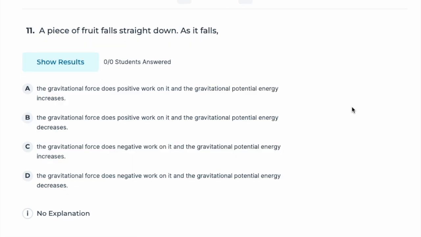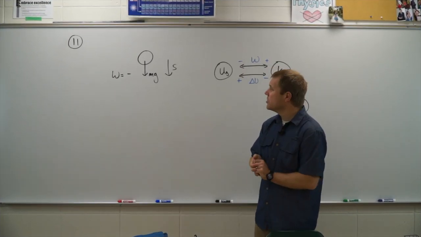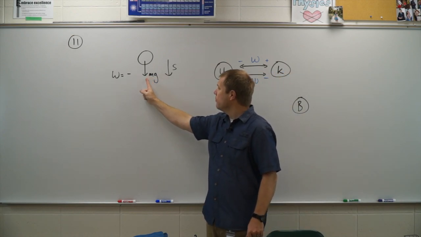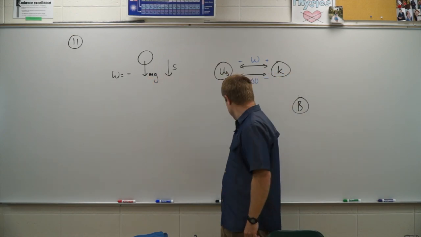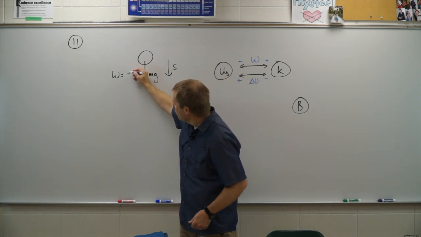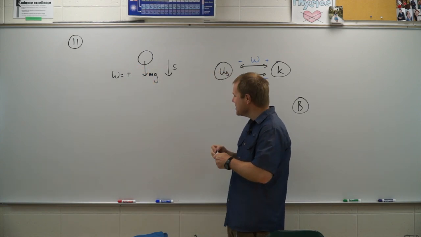Number 11, a piece of fruit falls straight down. As it falls, tell me about the gravitational forces doing work and their potential energy changes. All right, let's take a look. As this fruit falls, I'll note that the force and the displacement are in the same direction, which makes the work positive, of course.